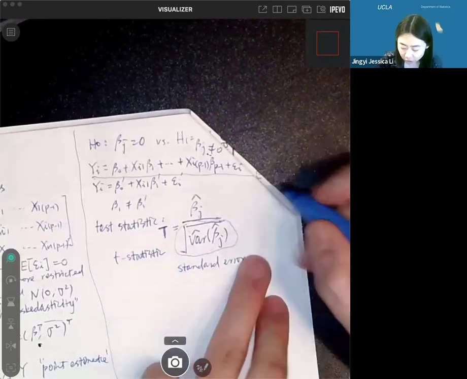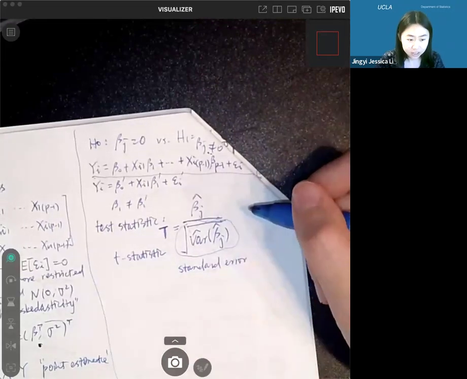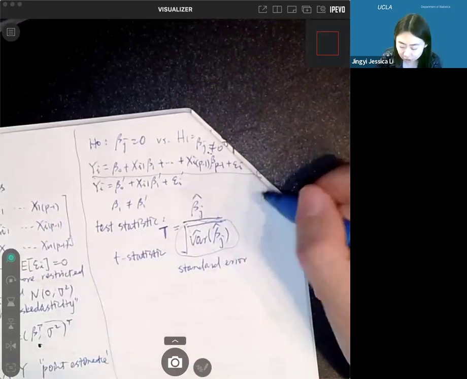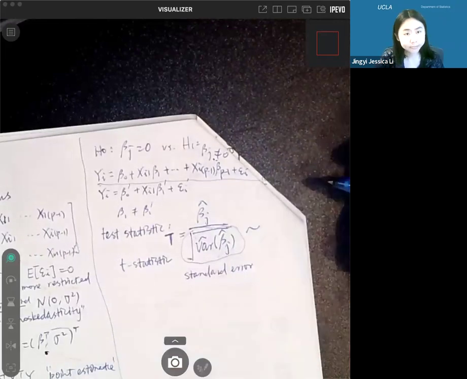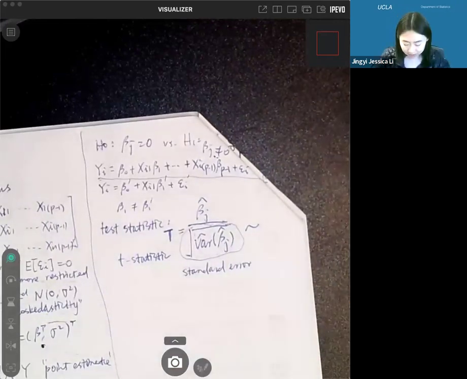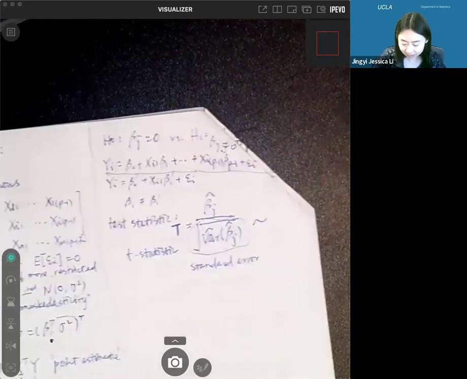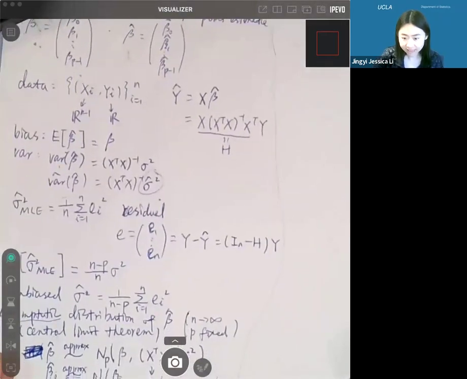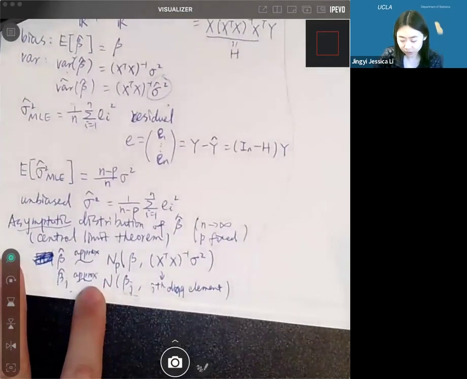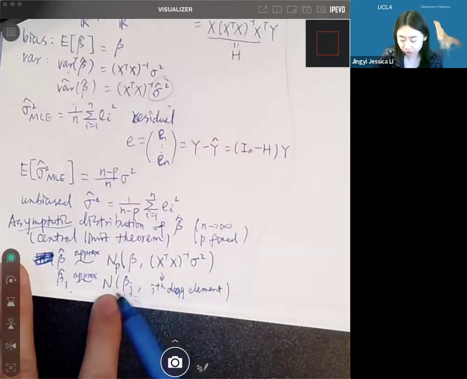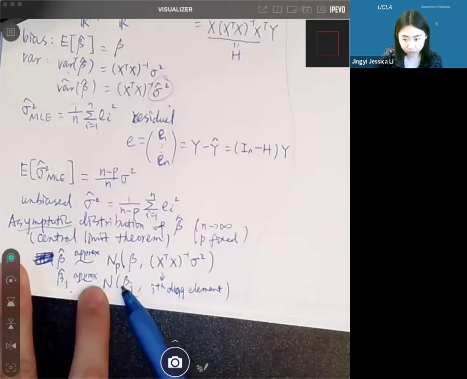People can actually show that for this T statistic, its distribution under this assumption, that it follows this normal distribution, so beta hat j is normal.